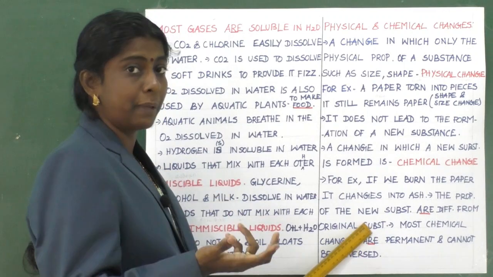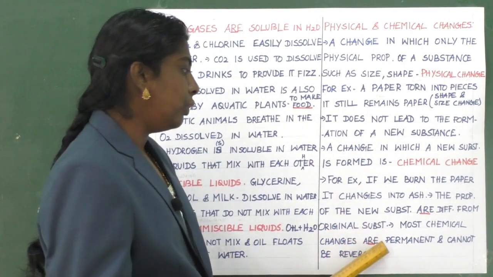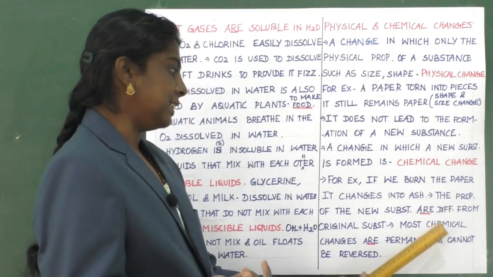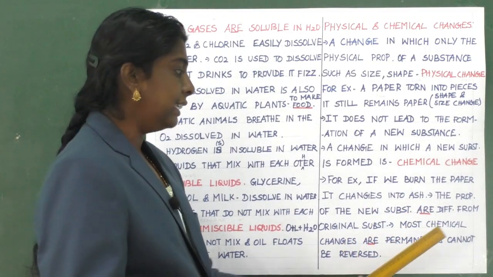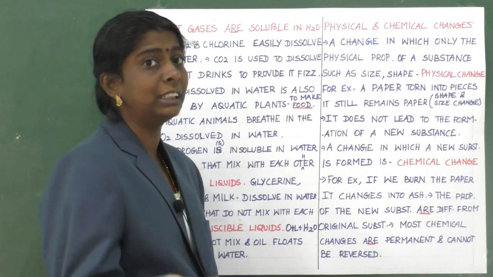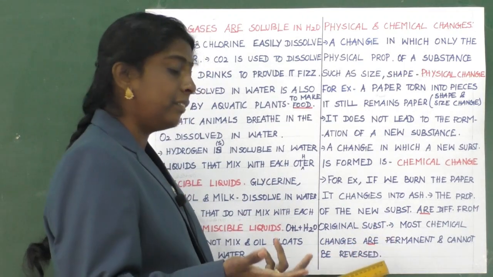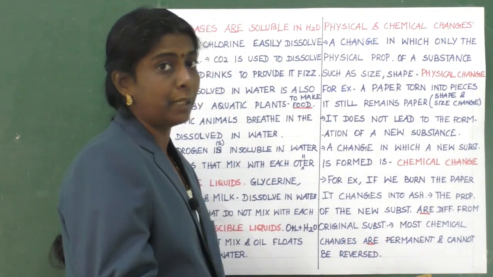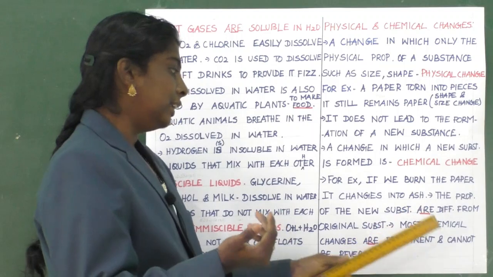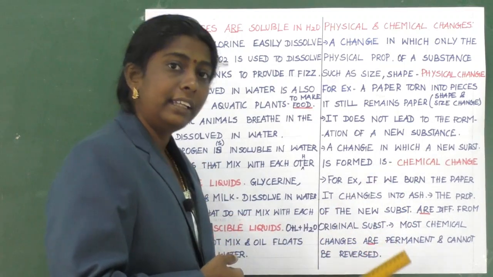What is the original substance? Paper. Ash is different from paper. So, most chemical changes are permanent and cannot be reversed. Can we change the ash back again to paper? No. So, that cannot be reversed and the change is permanent. Usually chemical changes are permanent and cannot be reversed.